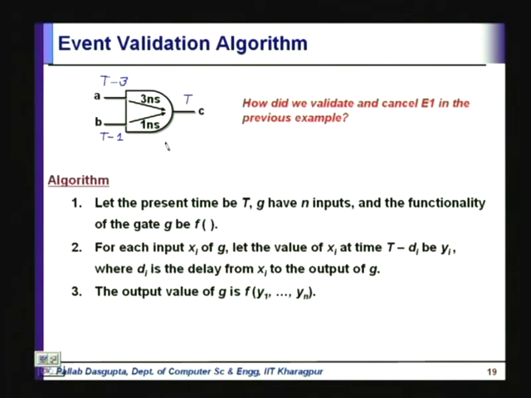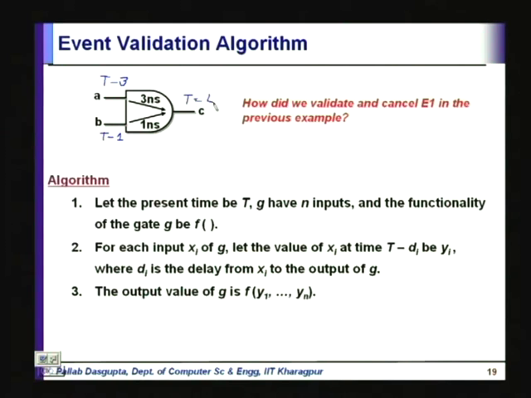Now, if you remember the previous example, B had fallen at time t equal to 2, and therefore, that lowered the value of C at time t equal to 3. Okay. Now, if I look at time t minus 1 here, t was 4 here, right.